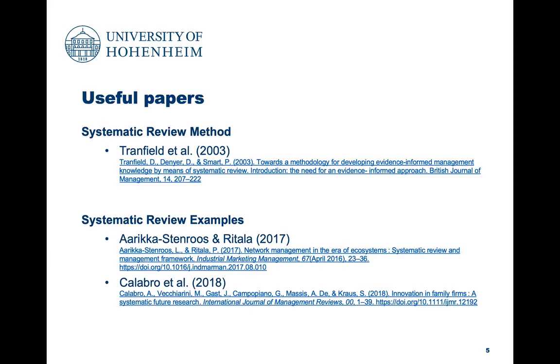They have conducted systematic literature reviews and might serve you as an inspiration on what you can do, how you can structure your analysis, and how you can especially prepare the discussion part.